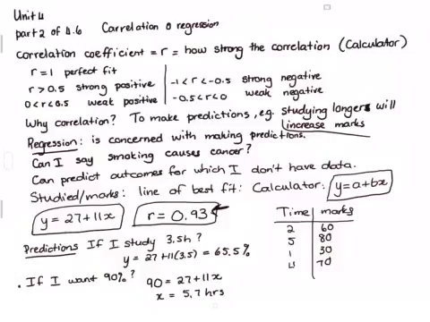And I can also say I didn't have someone who got 90%, but I could figure out, I guess, if you study 5.7 hours, you should get 90%. Remember, it's still just probability. It's never a certainty.